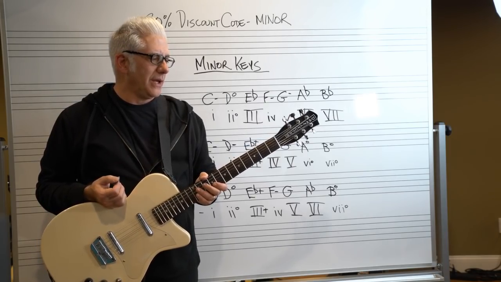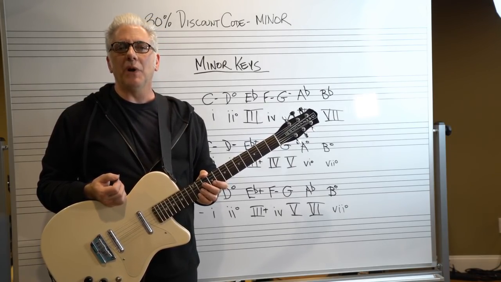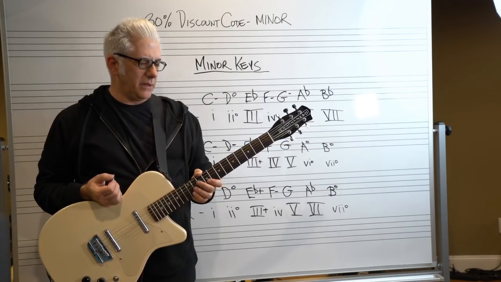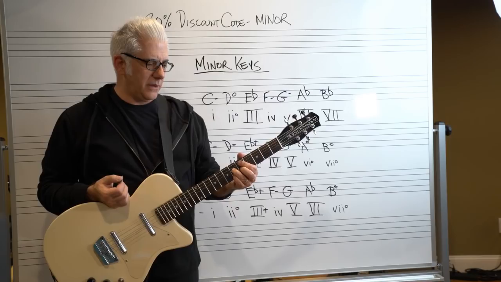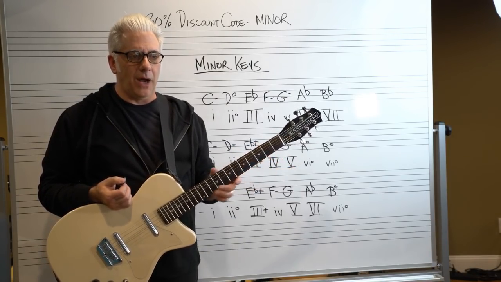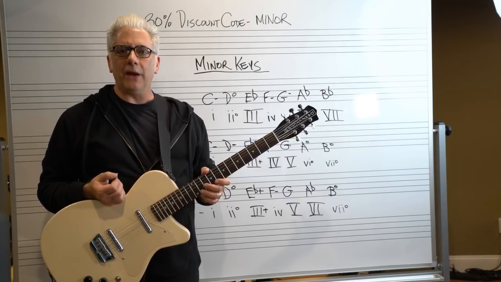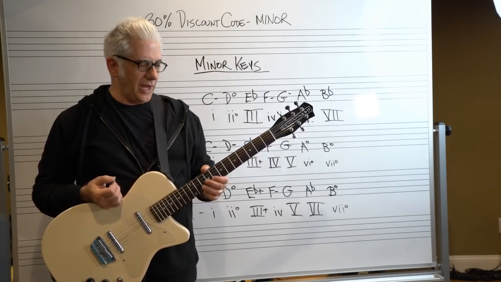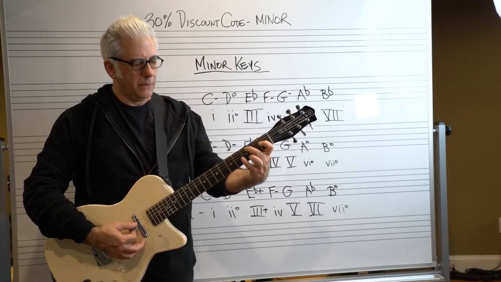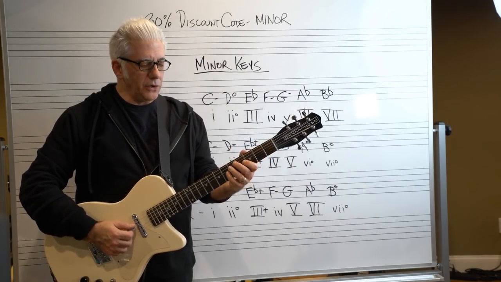Number two, if you're in a minor key and you want to improvise over something, right? You want to improvise over a minor 2-5-1. You can use the parent scale, for example, this, and you can use this parent scale.